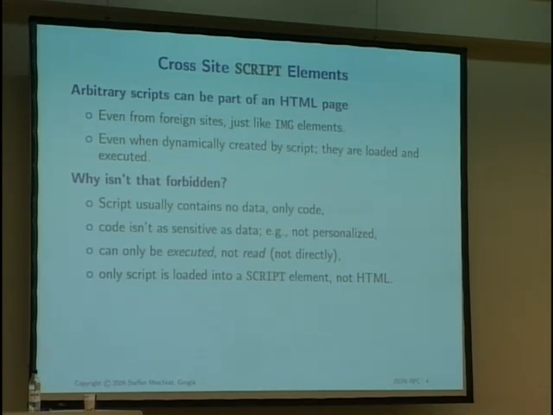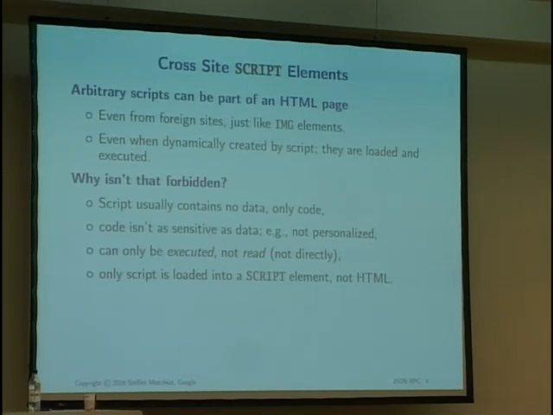And this is actually very similar to all the other external content that an HTML page usually uses. So like image elements, or images that are loaded into IMG elements, can come from everywhere. CSS style sheets can come from somewhere else. Objects that are embedded into the page using plugins can come from elsewhere. So this is just at the HTML level another form of replaced content.